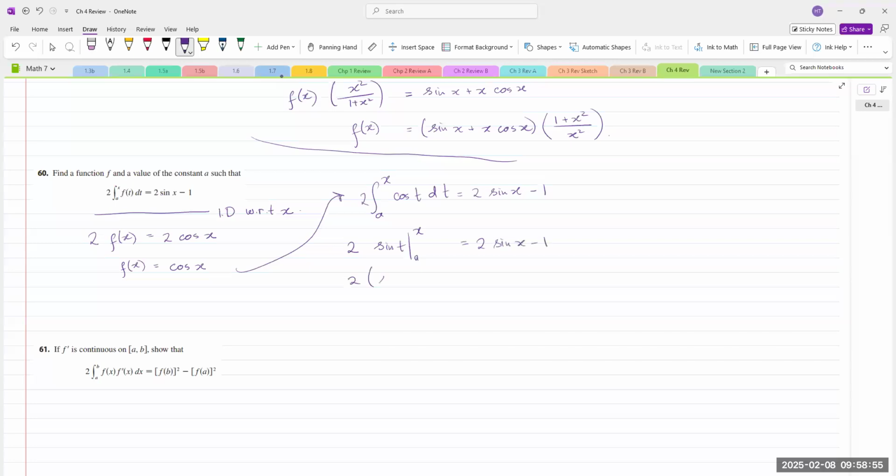This is 2 times sine x minus sine a equals 2 sine x minus 1. If I distribute and cancel, 2 sine x cancels. Negative 2 sine a equals negative 1. So sine a equals 1/2, right? So a should be pi over 6 then.